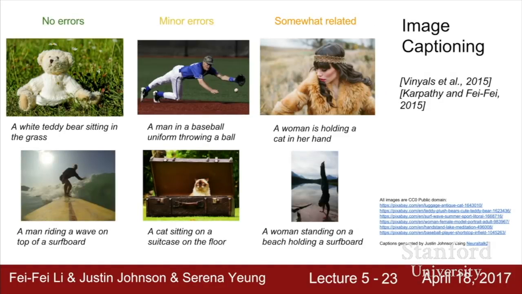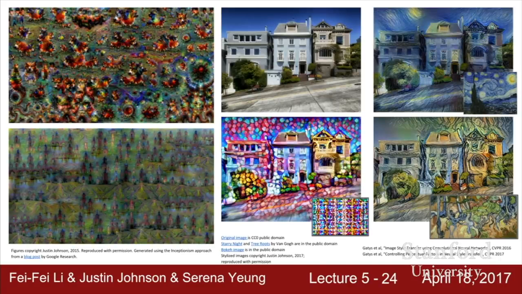Beyond recognition, classification, and detection, we also have tasks like image captioning, where given an image, we want to write a sentence description of what's in the image. This is something that we'll go into a little bit more later in the class. We also have really fancy and cool artwork that we can make using neural networks. On the left is an example of Deep Dream, where we're able to take images and hallucinate different kinds of objects and concepts in the image.